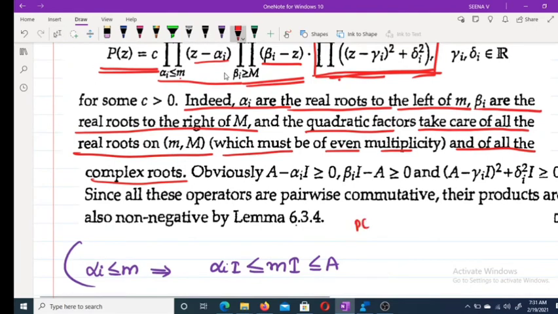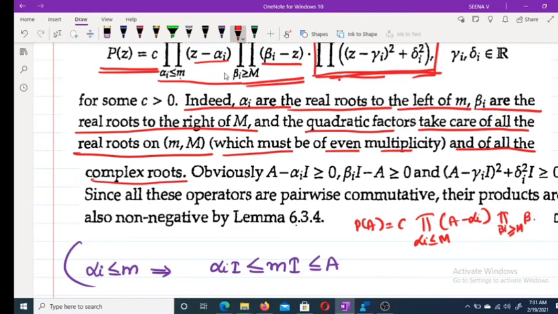P of a is actually C into the product over alpha I less than or equal to m of (a minus alpha I), into the product over beta I greater than or equal to M of (beta I minus a), and the product of ((a minus gamma I) square plus delta I square).